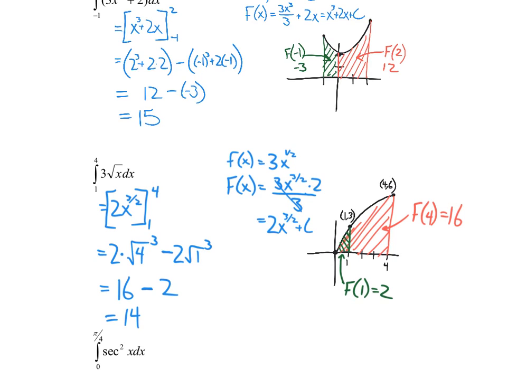So we subtract that extra bit, okay? Does that make sense? Okay. You don't have to draw all these, although it might be helpful in some cases for you. The main thing here is getting your antiderivative, plug in the upper limit, plug in the lower limit, and subtract. Okay.